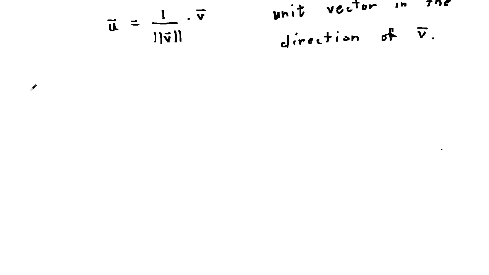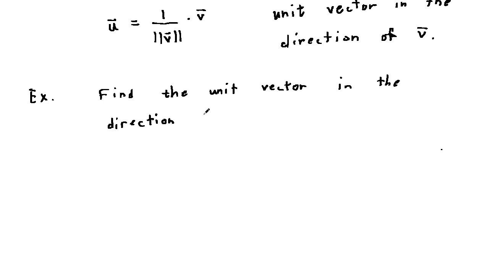Okay, let's do an example. Find the unit vector in the direction of the vector 3, 4. So let's find u. That's 1 over the norm of v times v. We found the norm earlier, which was 5, so take 1 over 5 times the vector v.